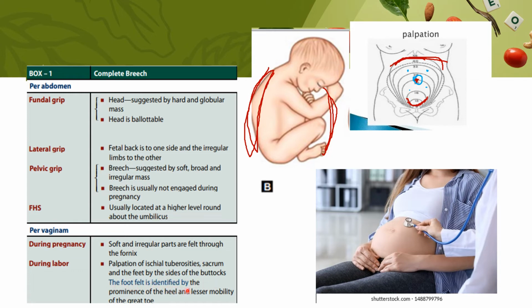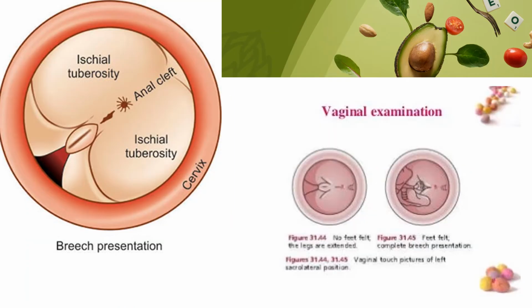The foot is identified by the prominence of the heel and its lesser mobility. So during labor, with PV examination, they can identify the ischial tuberosity of the pelvic bone, the limbs, and the buttocks.